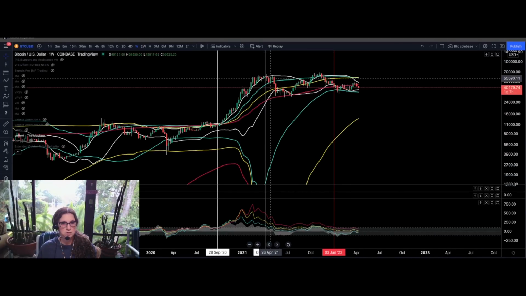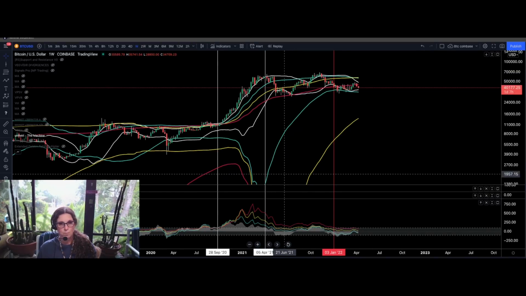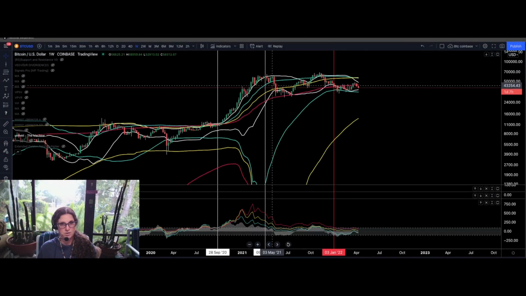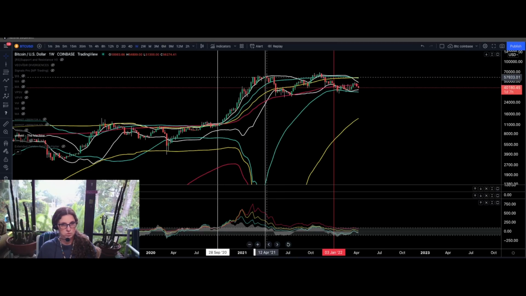As you notice, because of this, it nailed the top. Because once white comes in, that is it. Price cannot go above white with a candle close. It has to come inside the white Bollinger Band. If you notice, that was the last candle that was above white. We had a wick, but not a candle body.